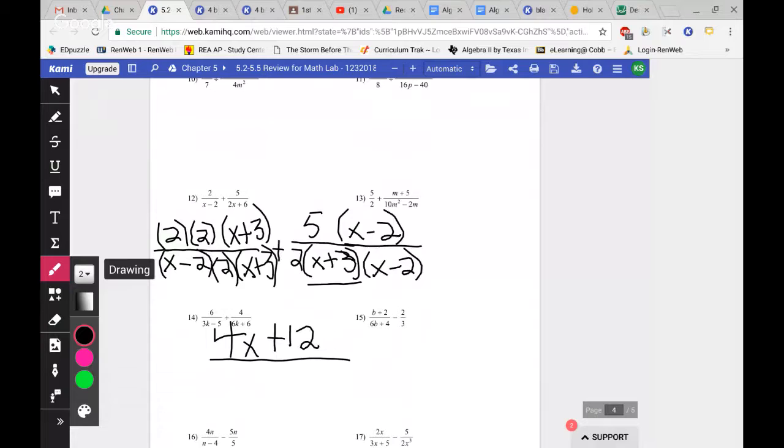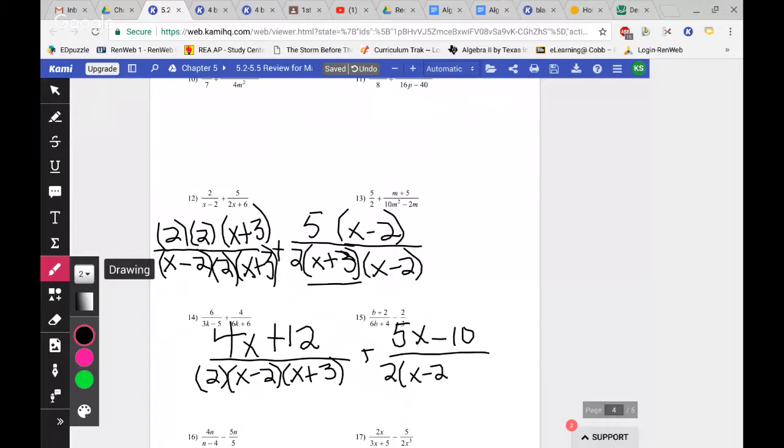And that's going to be all over this big denominator that we created with all of our factors represented. I just put them in order there. And then I'm going to distribute this 5 to the x and the negative 2, which is going to give me 5x minus 10 all over this big denominator that we created.